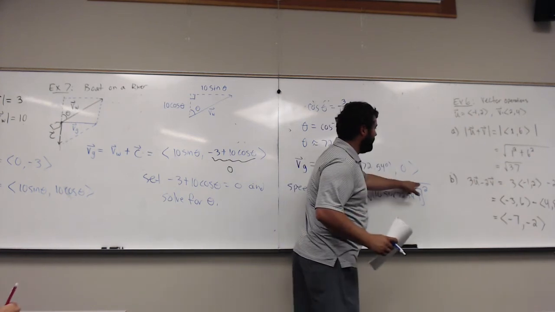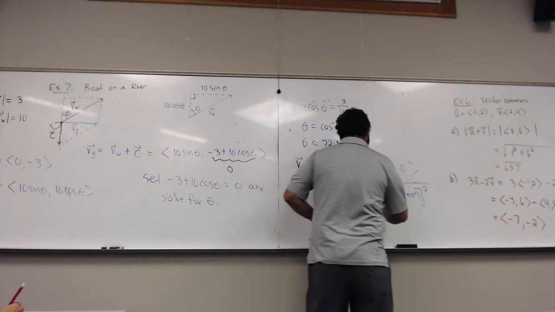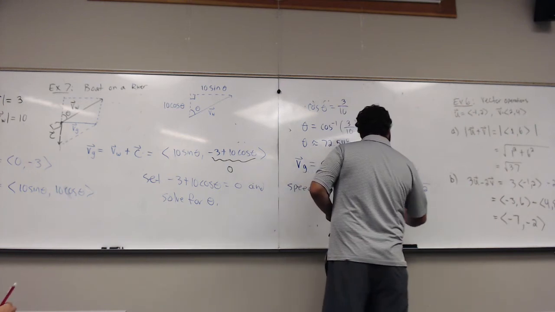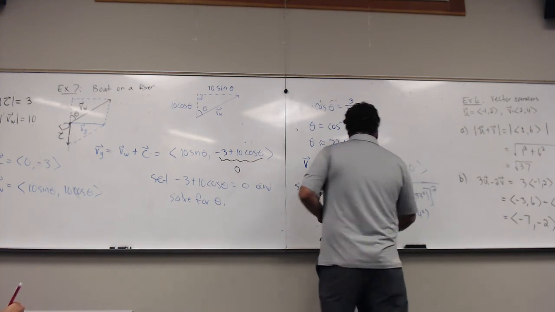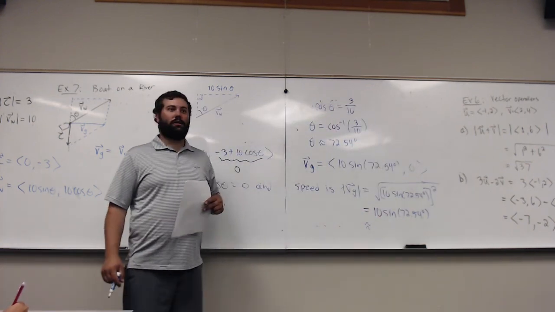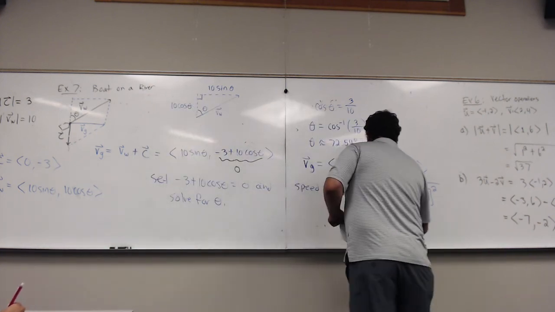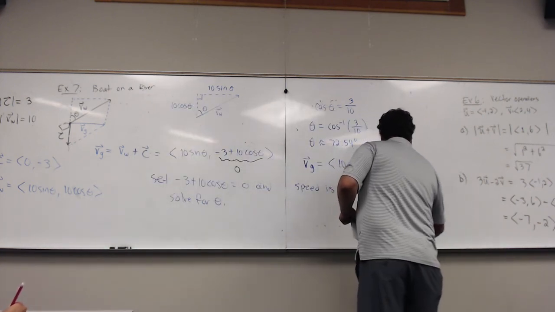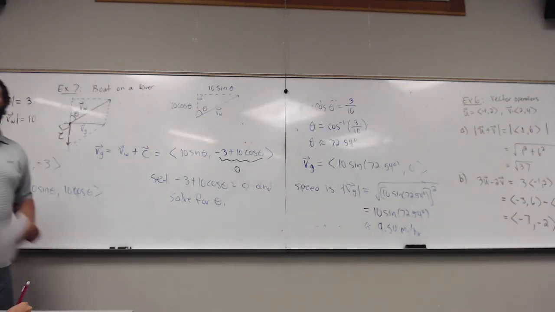But what happens when you take the square root of a square? They cancel or undo each other. So the speed is really just 10 sine 72.54 degrees. Anybody want to grab me that real quick? 9.54? So it's going 9.54 miles per hour.